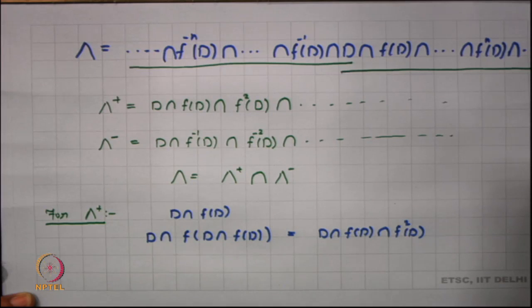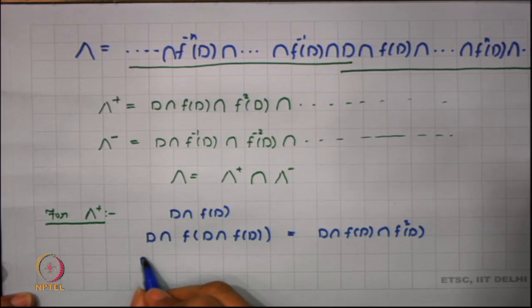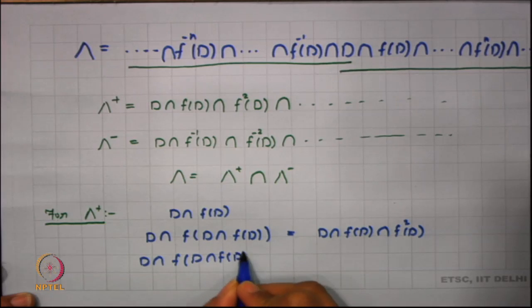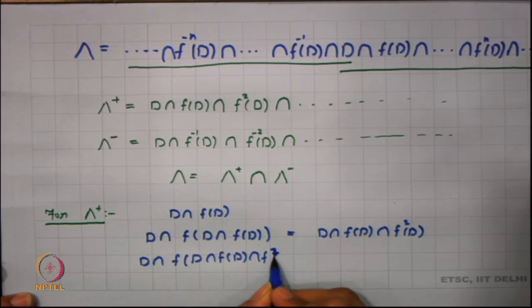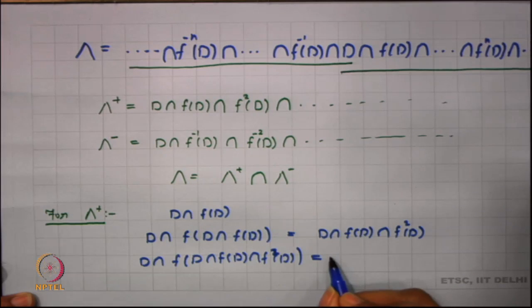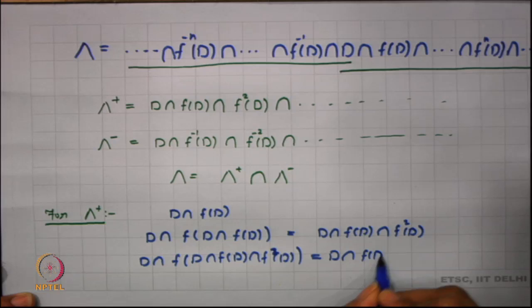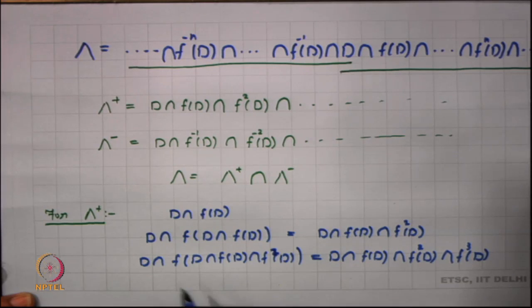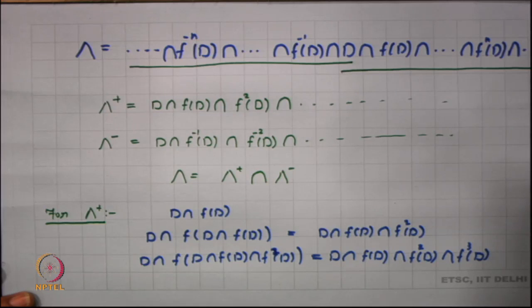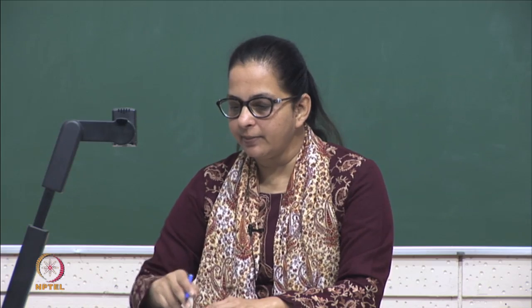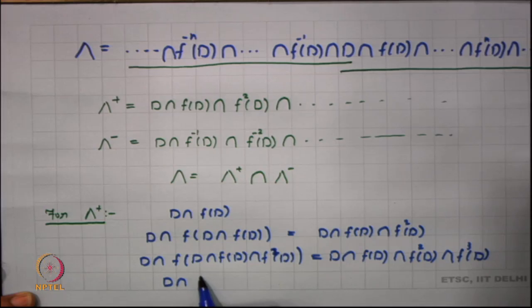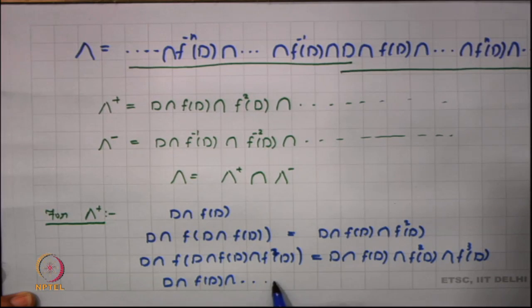So, in the next step we will be looking into D intersection F of this set, F square D, and this is going to be our set D intersection F of D intersection F square D intersection F cube D. And then after having looked into it n times, our lambda plus is nothing but, supposing I already have found D intersection F D, intersection F k D.